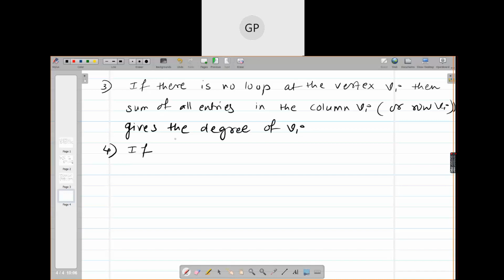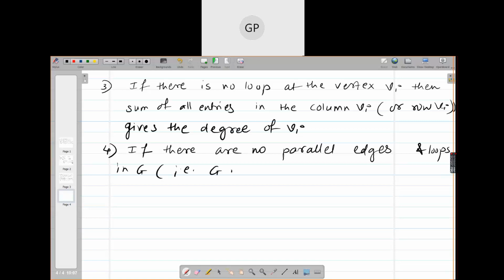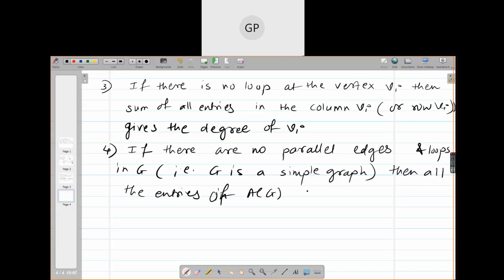If there are no parallel edges and loops in G, that is, G is a simple graph, then all the entries of AG will be 0 or 1.